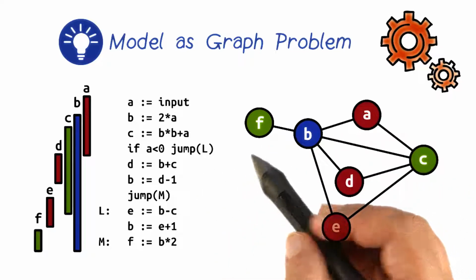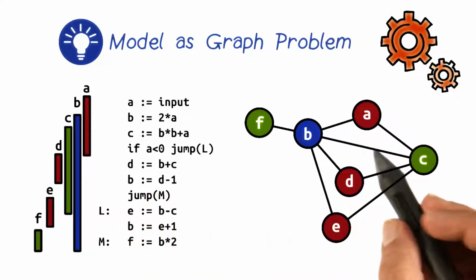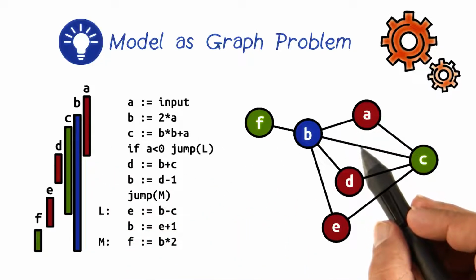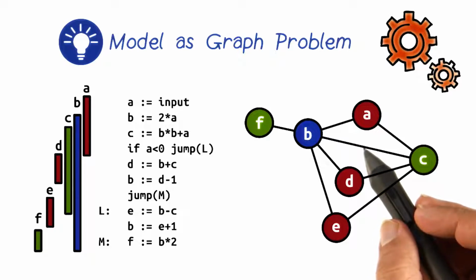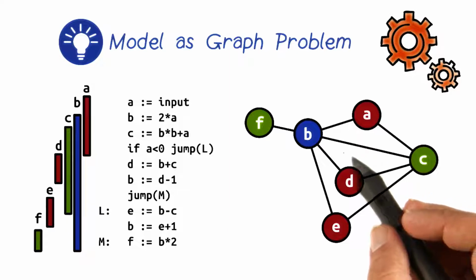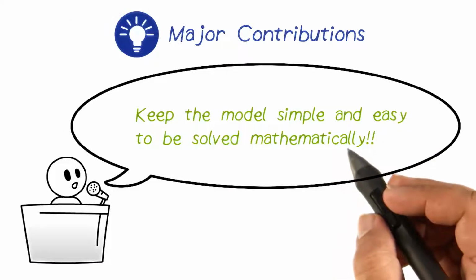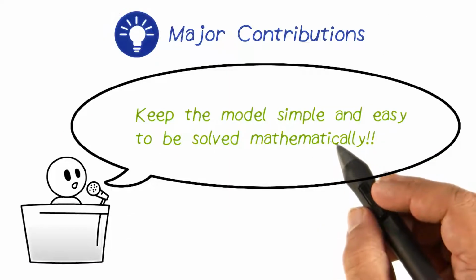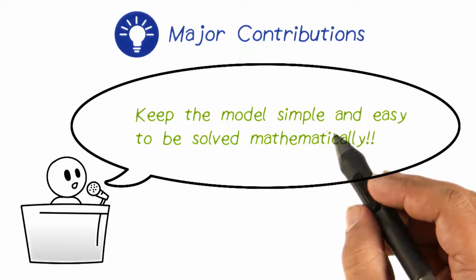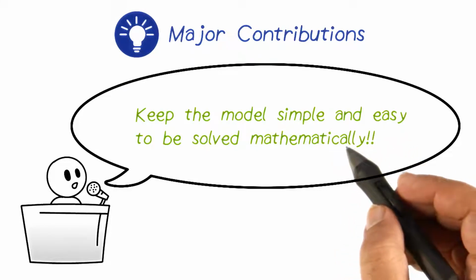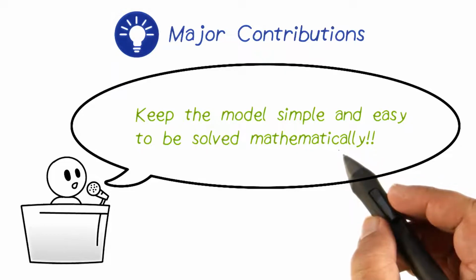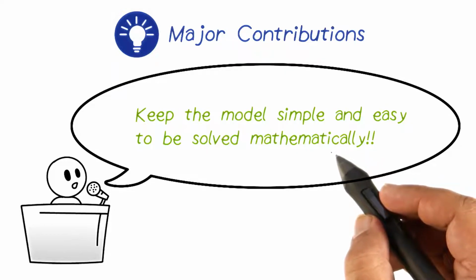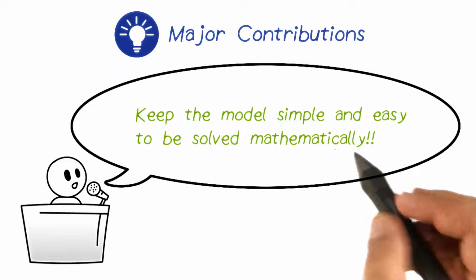In other words, the overlapping live ranges are reflected in the interference graph, and therefore the interference graph also gives us a way to figure out which of the loads could potentially be combined from different live ranges. So in this formulation, the model remains simple and it is using the interference graph, and it can be solved nicely by using this particular representation, and that is why graph-based models are preferred for solving this problem.